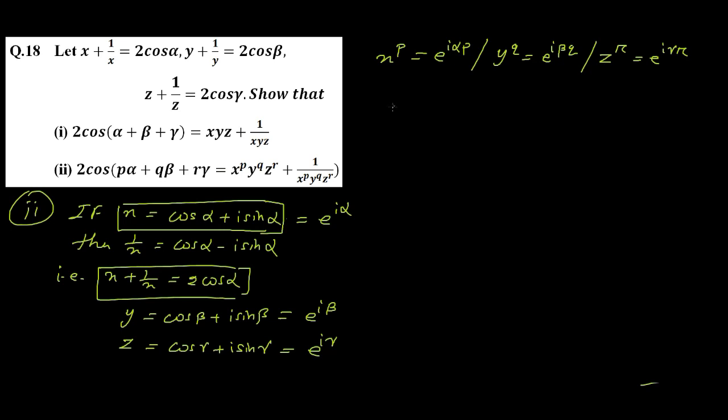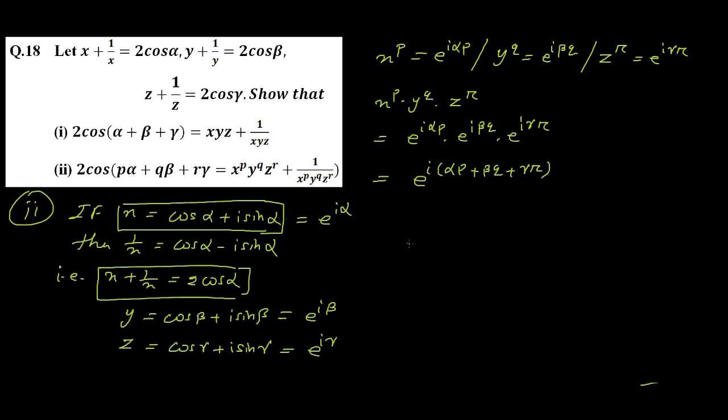Now x to the power p into y to the power q into z to the power r will become e to the power iota alpha p into e to the power iota beta q into e to the power iota gamma r. This will become e to the power iota alpha p plus beta q plus gamma r.